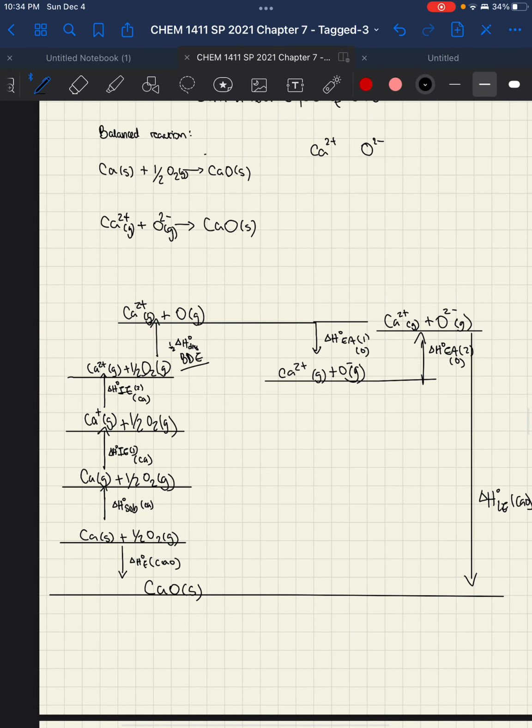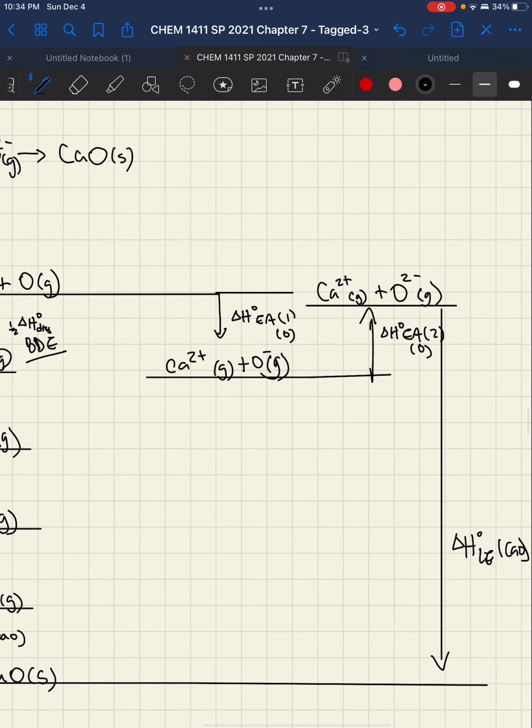And I believe I am not missing anything else for the diagram. So yeah, the last step will be the lattice energy.